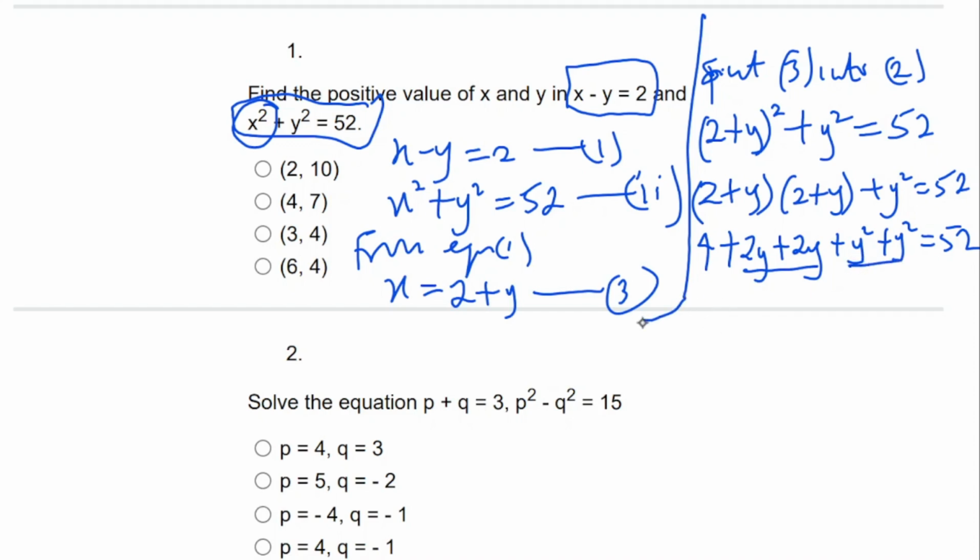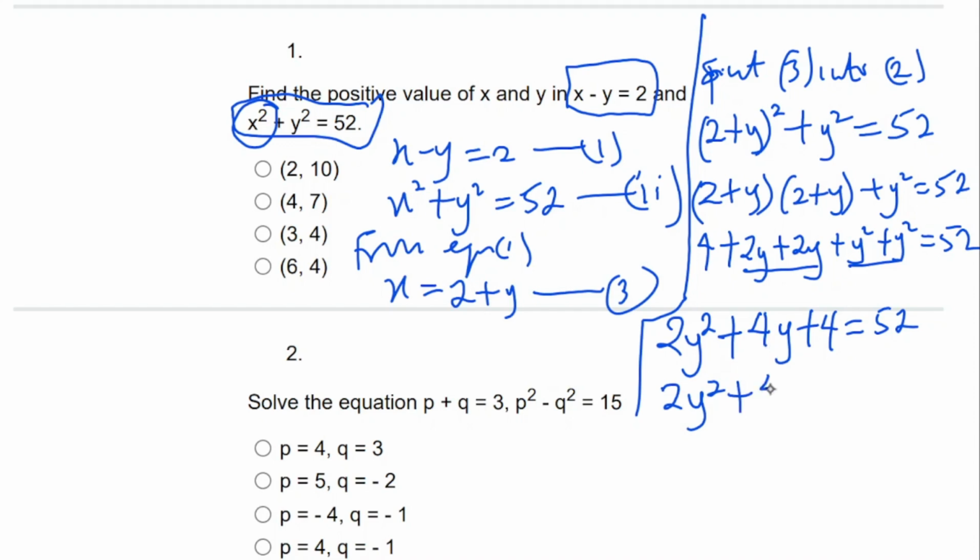So we're going to have 2y squared plus 4y plus 4 equals 52. We can then simplify further: 2y squared plus 4y, then plus 4 minus 52 equals what?